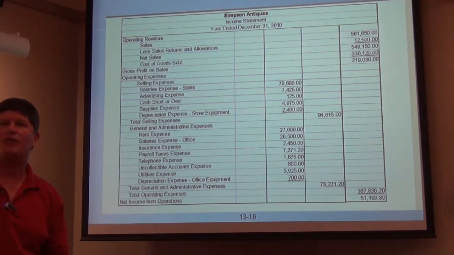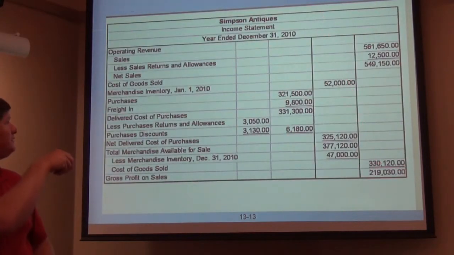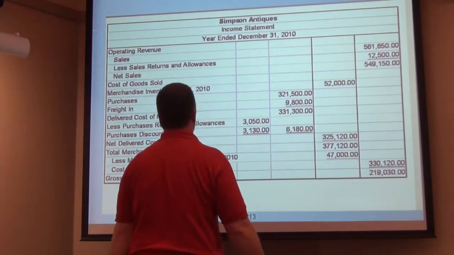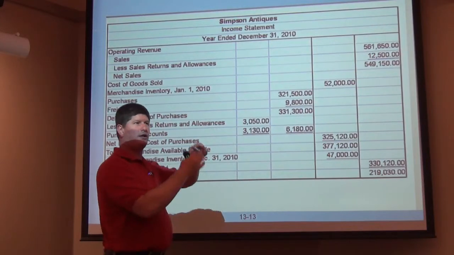Okay, and if I haven't covered that before, I'm going to go into it in a little bit of detail right now. Yes, ma'am. Cost of goods sold, where do you get that number from? That was this great big calculation that we did over here. And remember I was telling you that they shrunk it all down to one line.